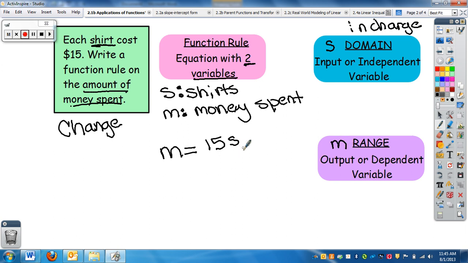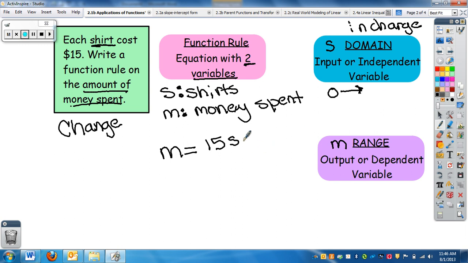So really looking at the situation, what values for S can we have? Well, can we have negative numbers? Or another way to think of it is, what's the lowest number you can have for S? Well, you can buy 0 shirts. And then, what is the highest amount you can buy?